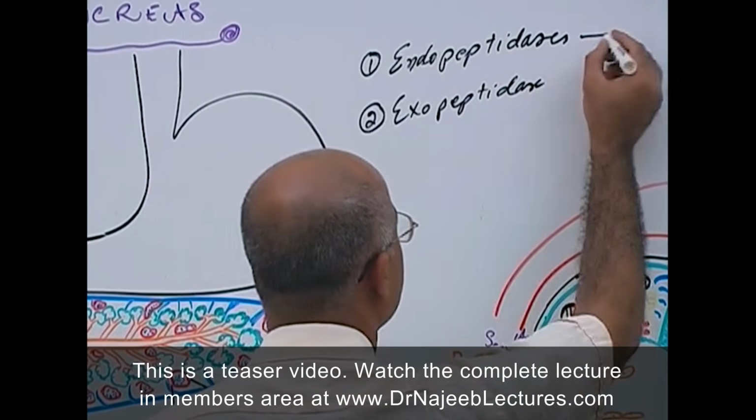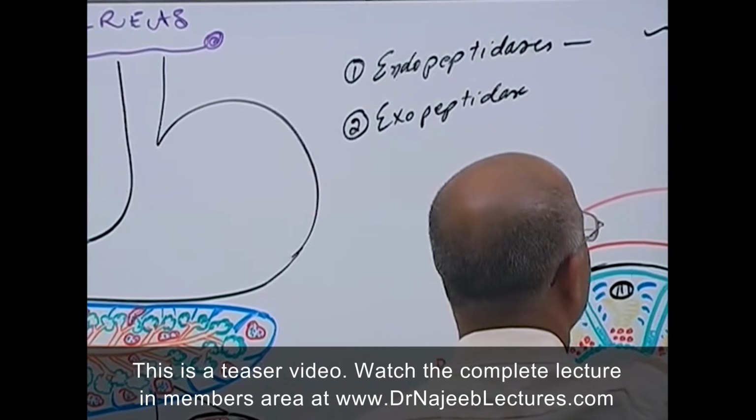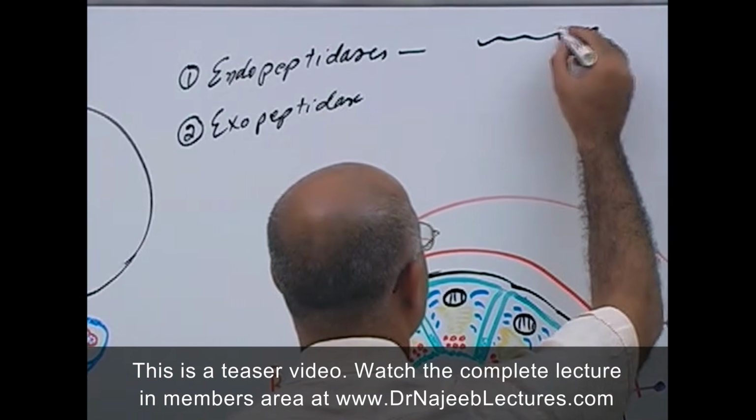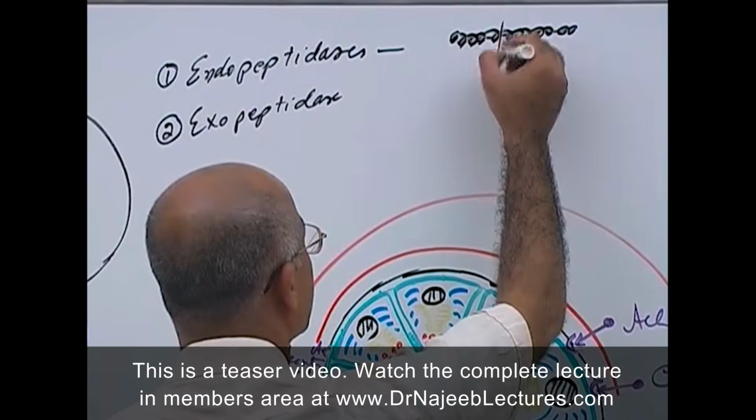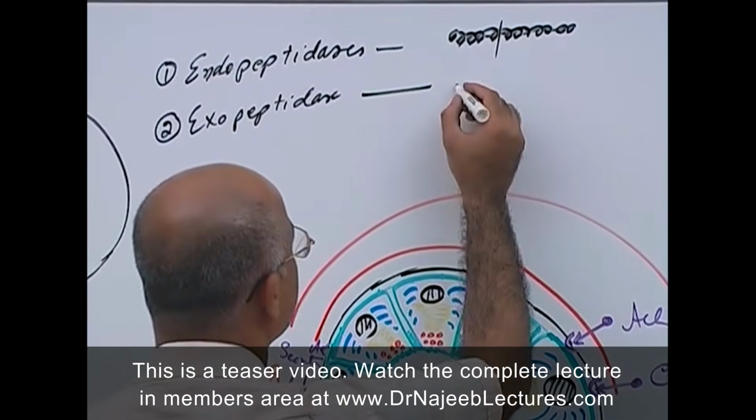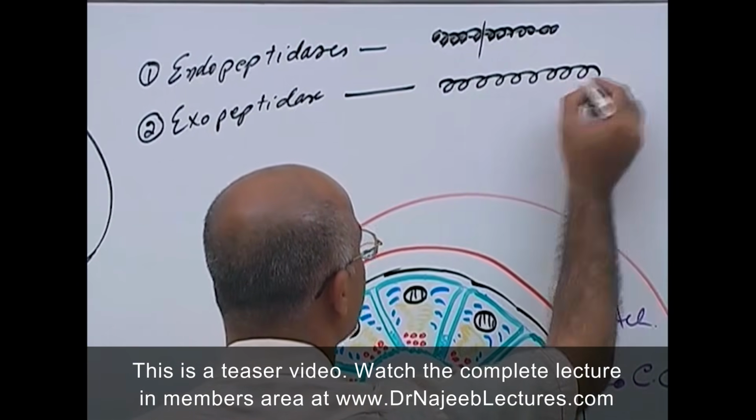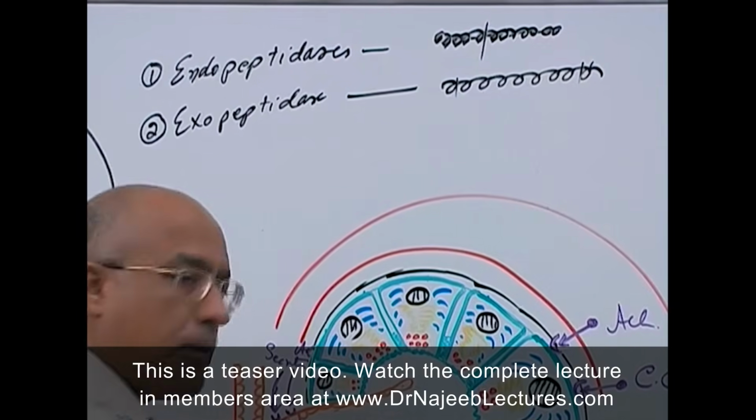Endopeptidases are those enzymes which can break the peptide chain from within, but exopeptidases are those which can remove the amino acid from the ends of the peptide chain.